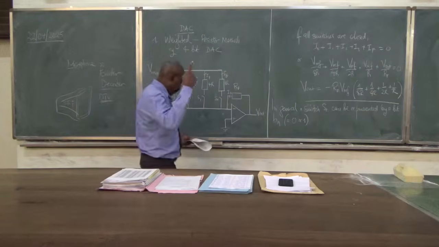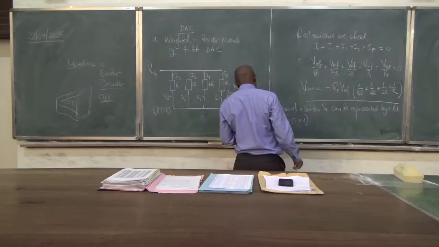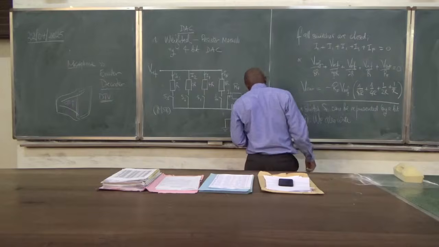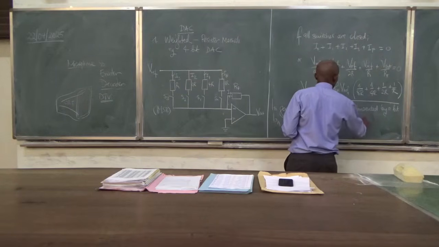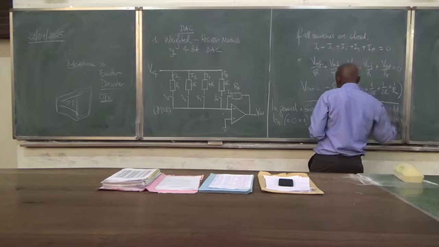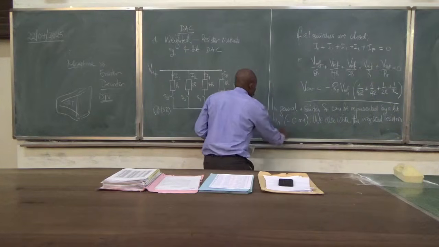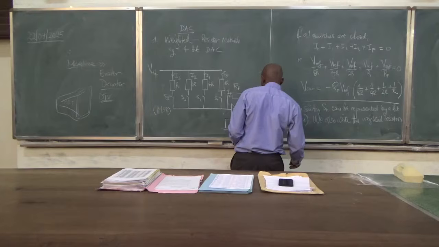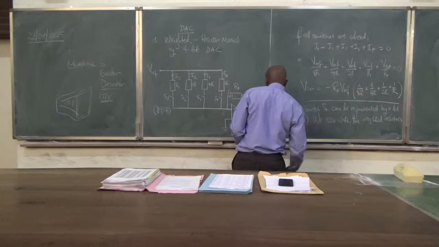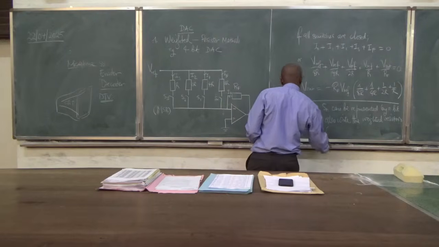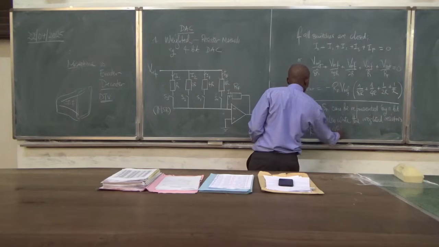If it is on, it is 1. The weight is 2 to the power 3 minus I over R, where I is equal to 0, 1, up to 3.